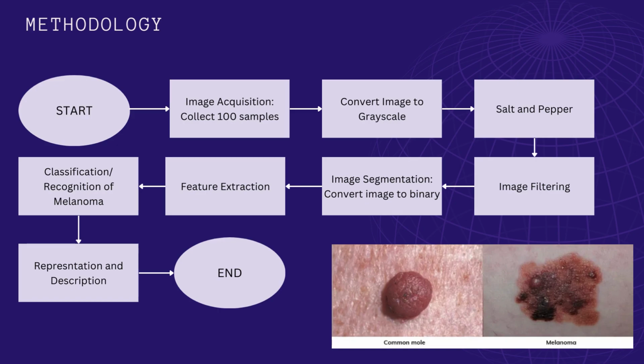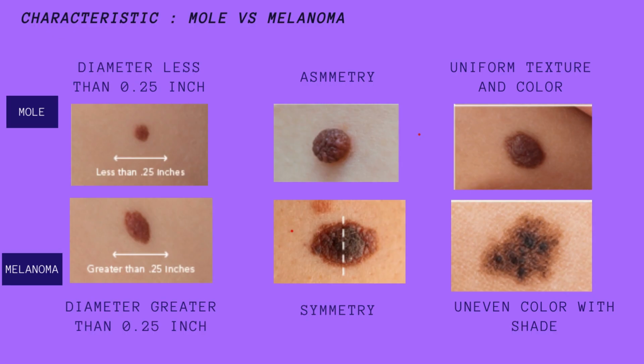The systematic approach, which combines quantitative feature analysis and characteristic assessments, enhances the chances of timely intervention and accurate differentiation between moles and melanoma. Here is how we can differentiate between mole and melanoma.